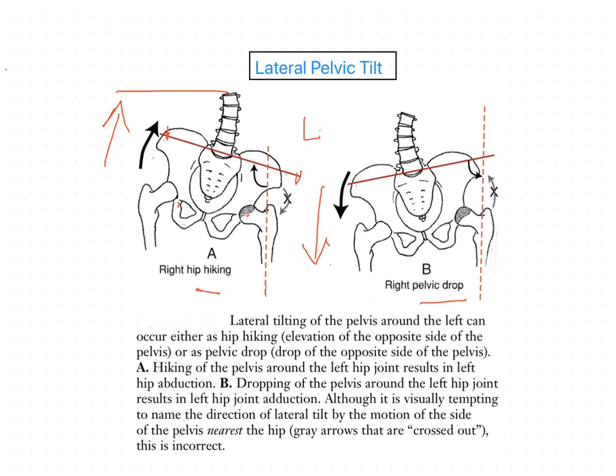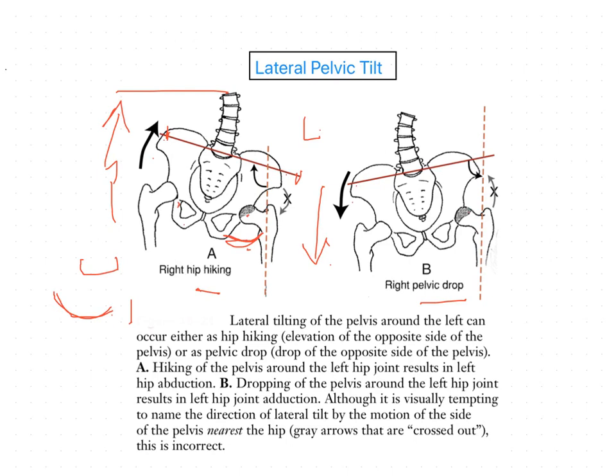So the normal pelvis, which is present like this, will move like this. That means it is moving away from the hip joint, which causes abduction here. So you can find the abduction.